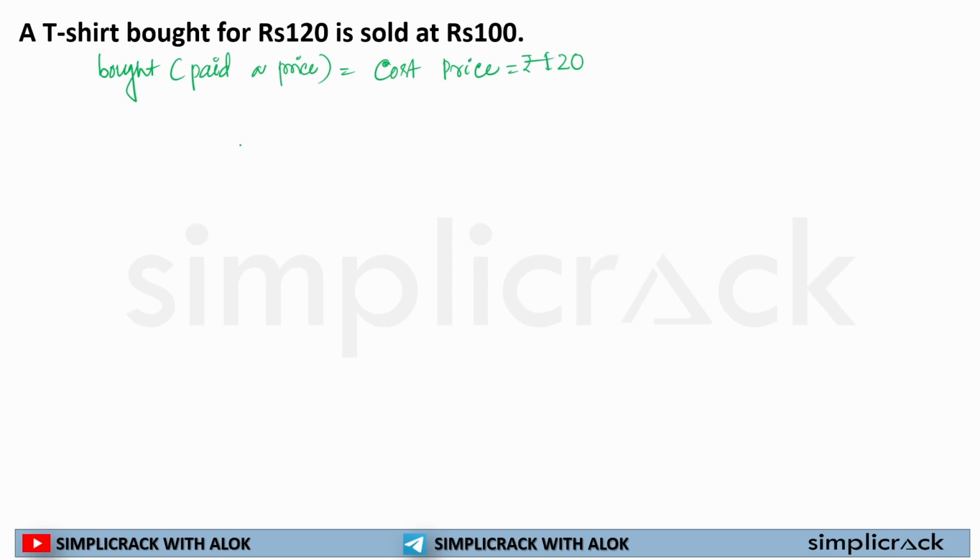Now I am selling this thing to someone else. So if I am selling this at a different price, this will be my sales price. Here in this case, sales price is 100 rupees. Now, see, I bought something at a higher rate. Now I am selling it at a lower rate. That means I am not gaining something, right? I am not getting any additional money.